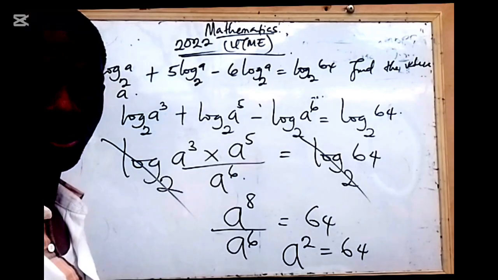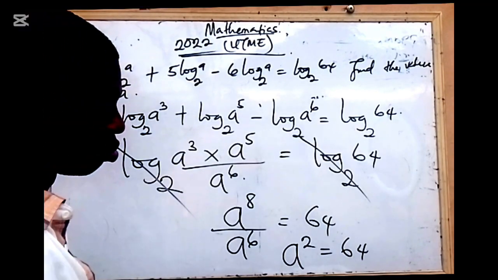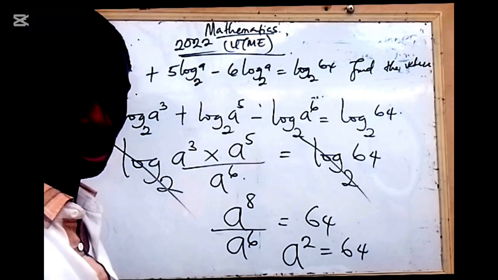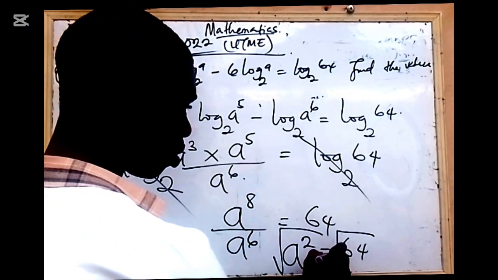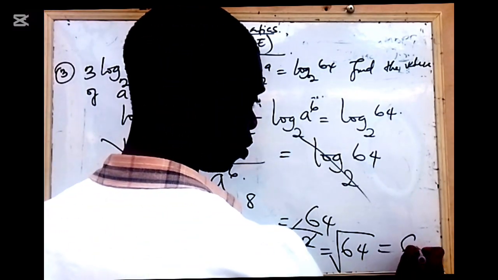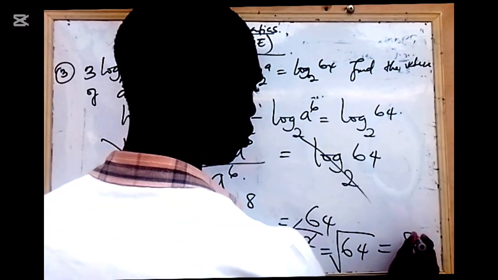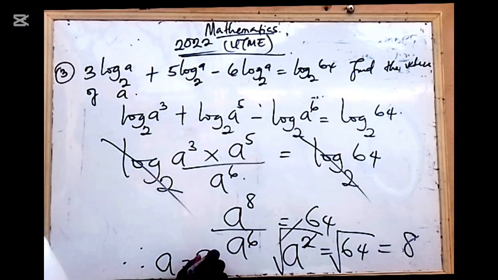Another way to do this: just find the square root of both sides. The square root of a squared cancels, and the square root of 64 is 8. Therefore, the answer is a equals 8. You see that?